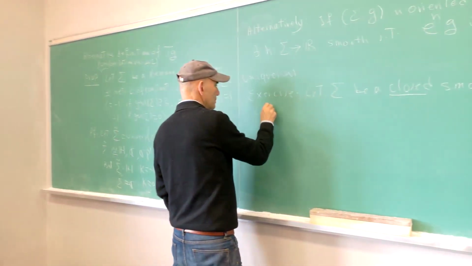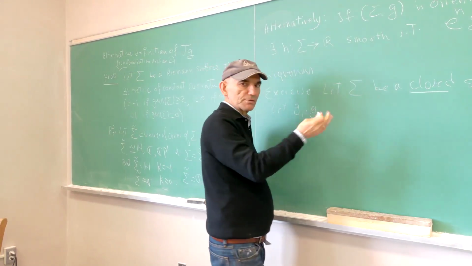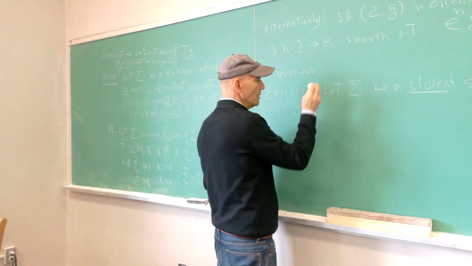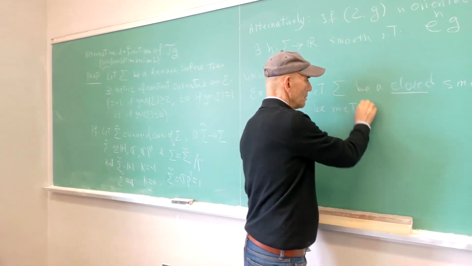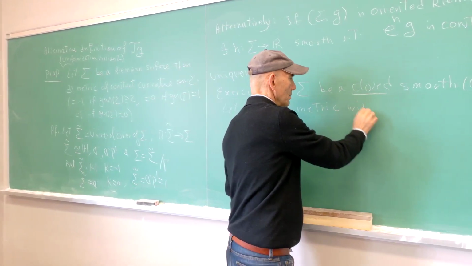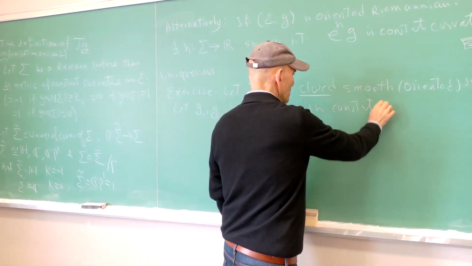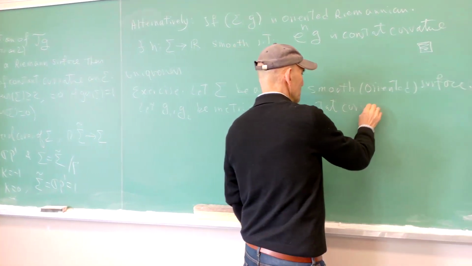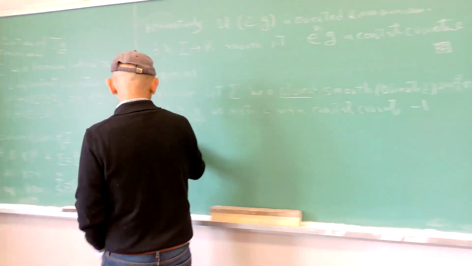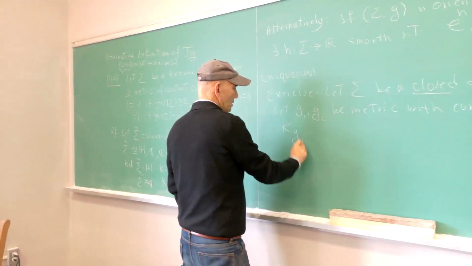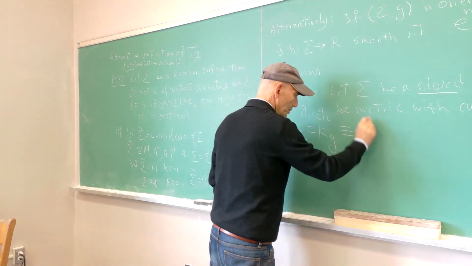Let G1, G2 be metrics with constant curvature -1. So the curvature of G1 is equal to the curvature of G2, constantly equal to -1.